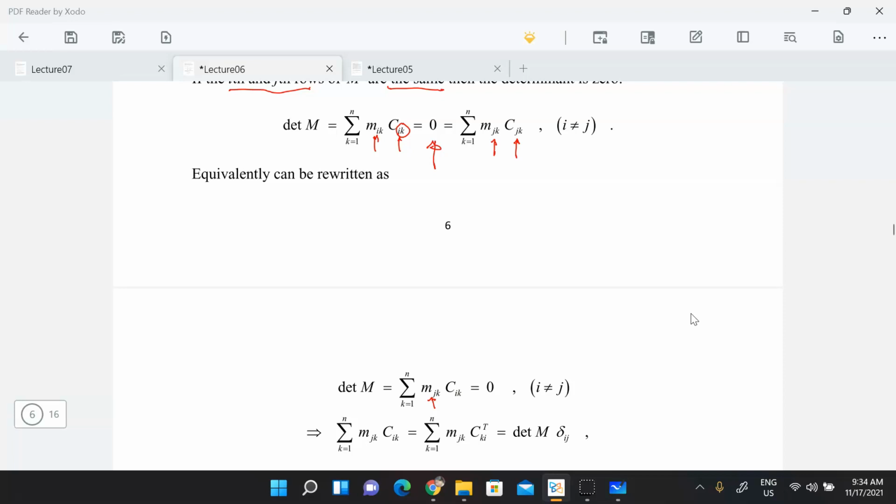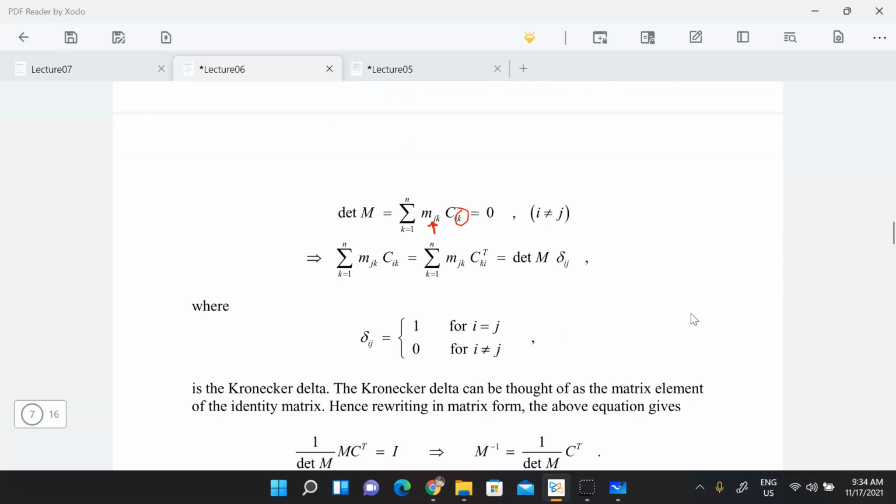We just replace the one over here by j. Because the assumption here is to have row i and row j to be the same, and that gives you the answer determinant M equals 0.